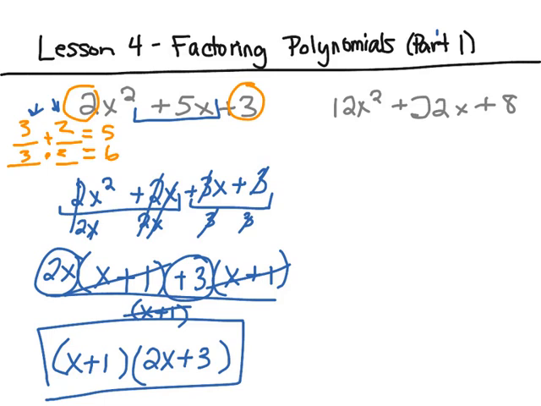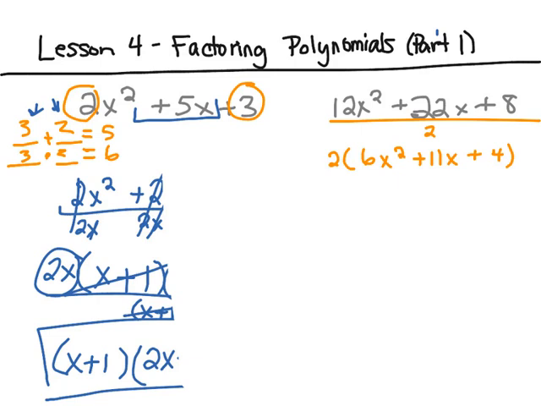For the next one, first always check to see that you can divide out a common factor. So we can divide out a 2 first, but we can't get rid of that 2, we leave it in. So 6x squared plus 11x plus 4. So we have two numbers that add up to 11 and two numbers that multiply to get 6 times 4, which is 24.